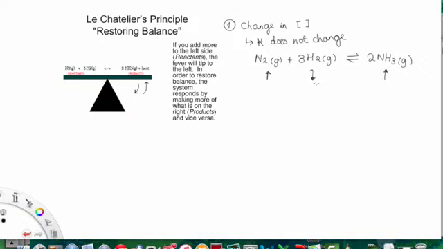Le Chatelier's principle also applies to changing physical parameters, so that's what we're moving on to now, such as pressure. Again, when we change pressure, the equilibrium constant does not change.